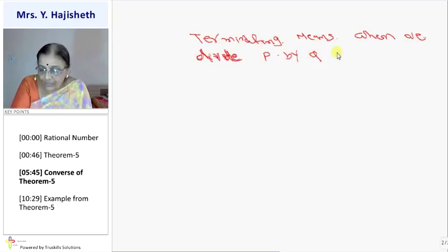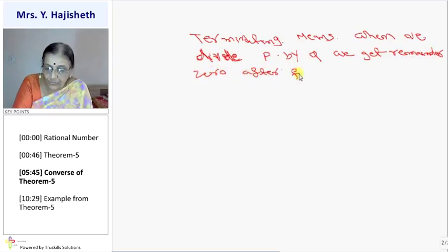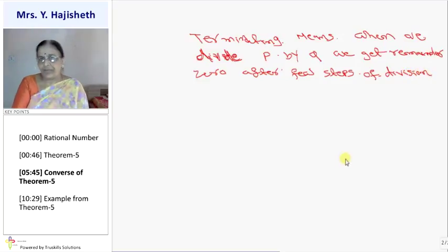We get remainder 0 after a few steps of division. After some steps, you will get remainder 0. Meaning you have to stop the division.